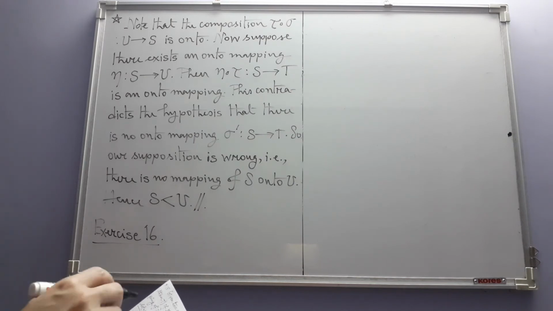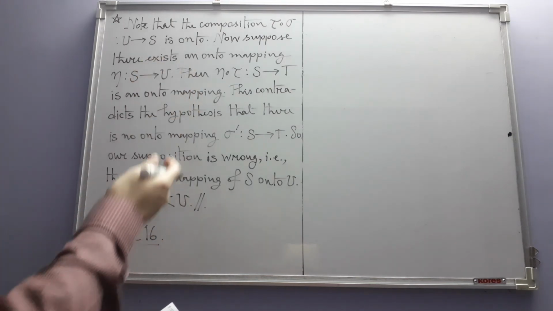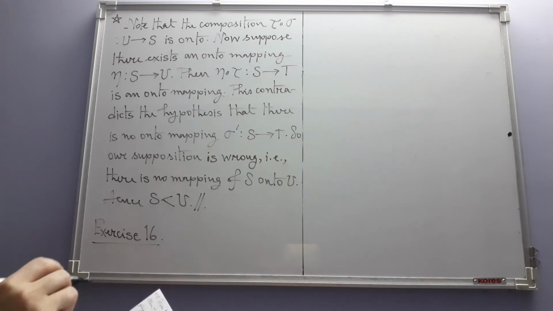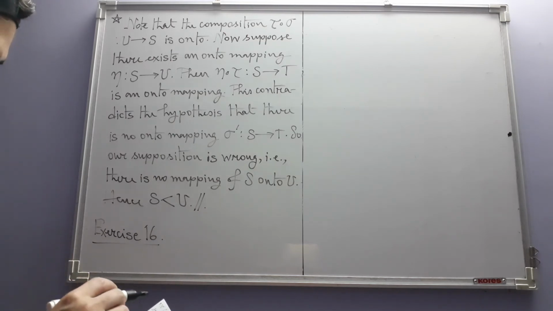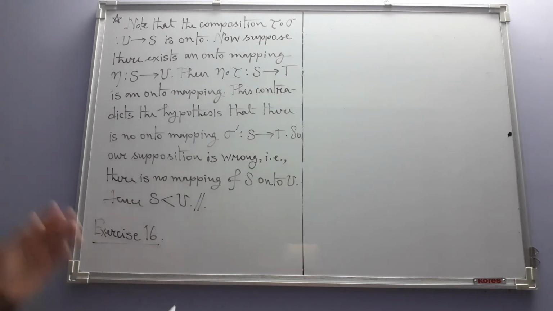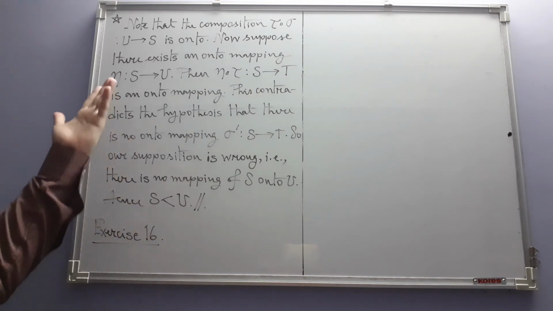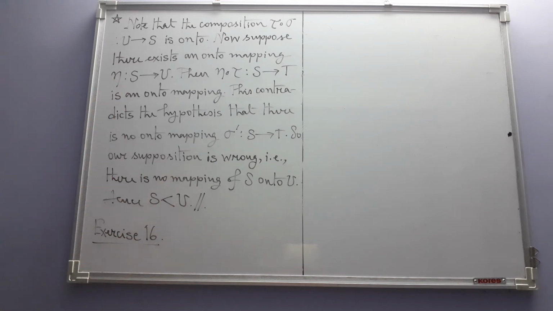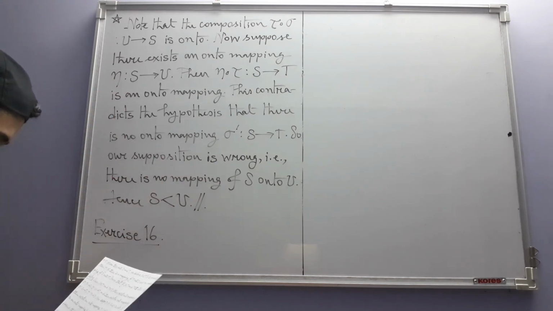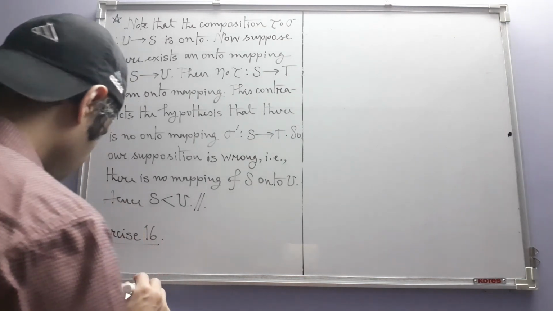I mean, you can see how easily we have got the solution. I don't understand why Herstein has put a star on it. You go through the solution carefully and let me know if at all there is some mistake. I have seen many times, I have not found any mistake. So let us see the 16th one now.